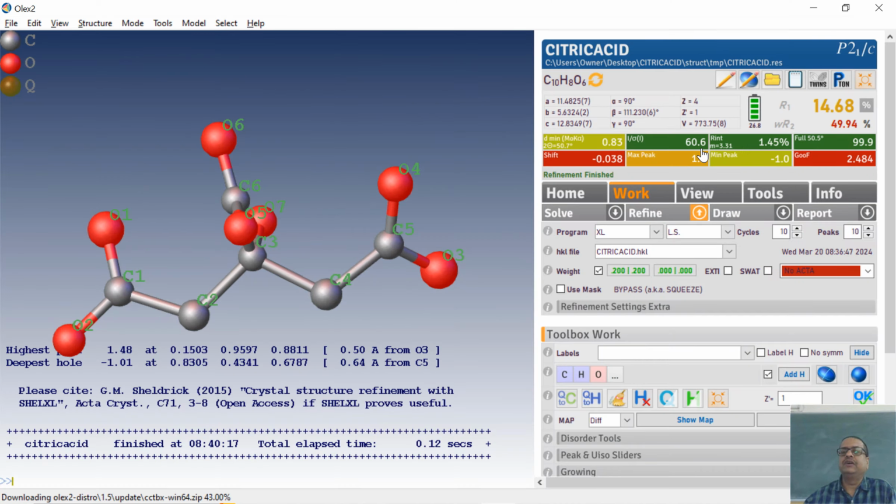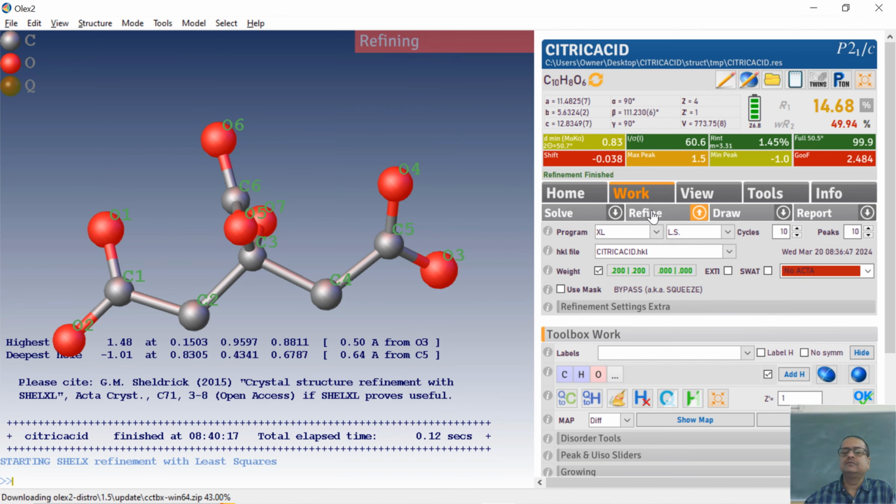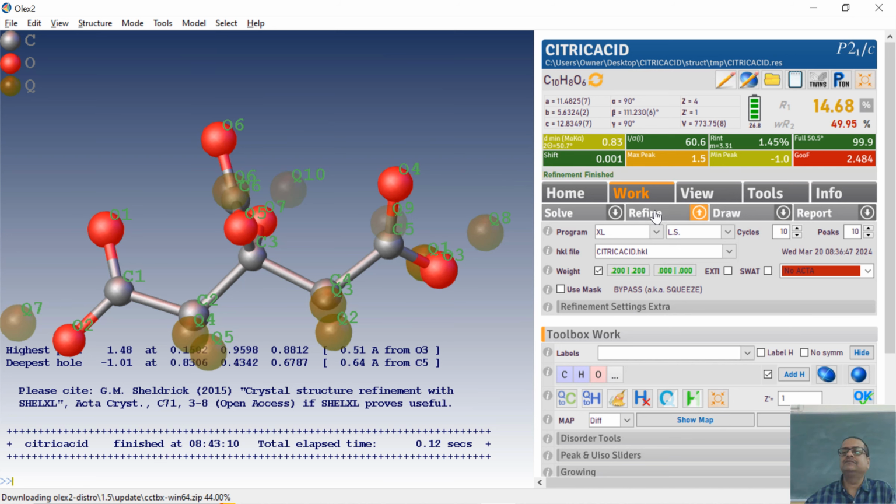So now at this point, you see the shift is still not 0. One can do a few cycles of refinement to make sure that the shift is 0. That means now on refining, no change is happening. So we have reached a dead end with this level.